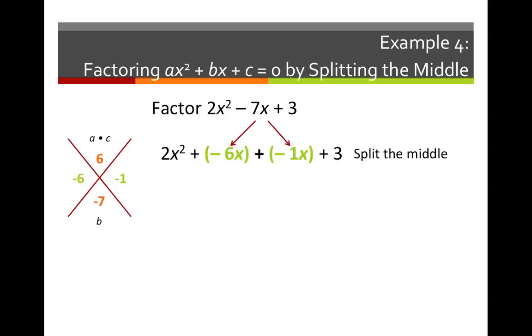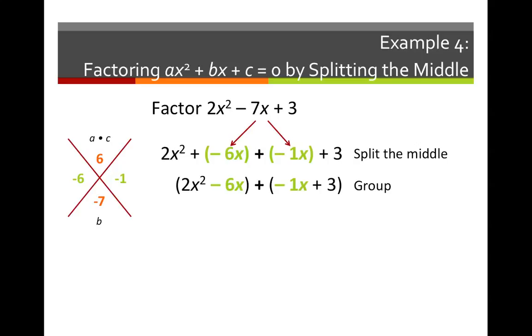Again, the 3 doesn't change at all. Now once you've split up the middle so that you have an expression with 4 terms instead of 3 terms, you can group the first two terms together, the 2x squared minus 6x, and the last two terms together, the negative 1x plus 3.